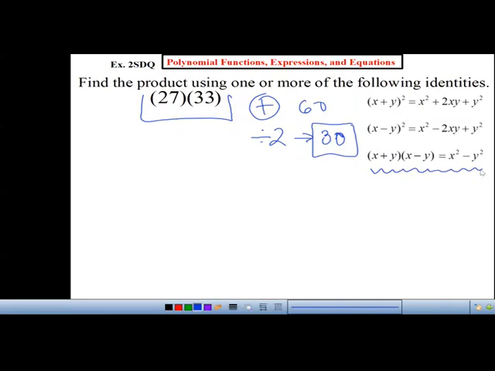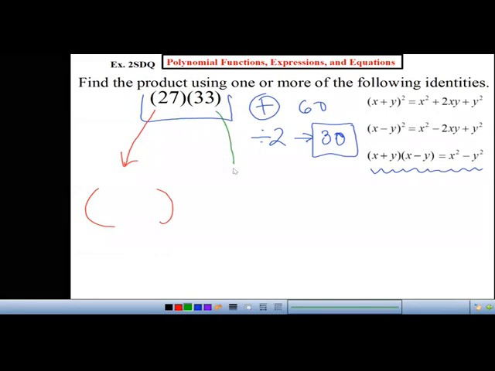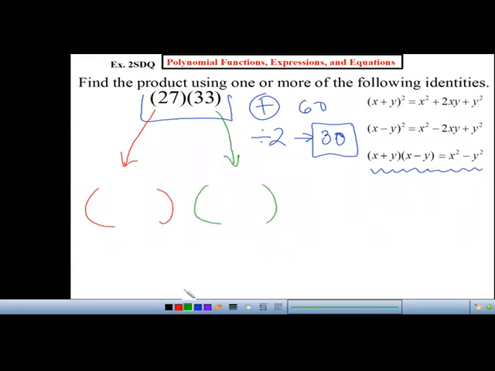So watch. I need to write 27 and I need to write 33. But both of them need to use what number? 30. All right. What do I write in here?